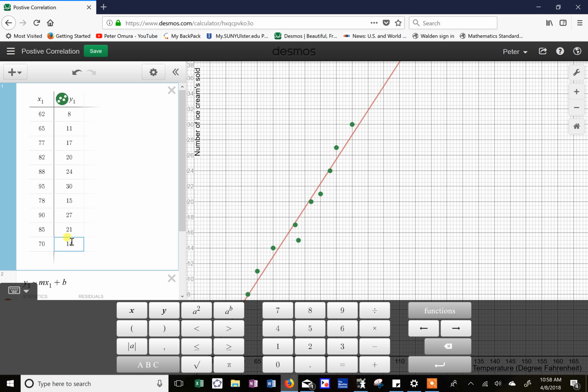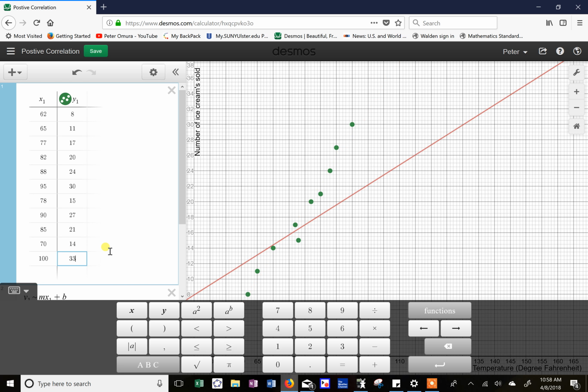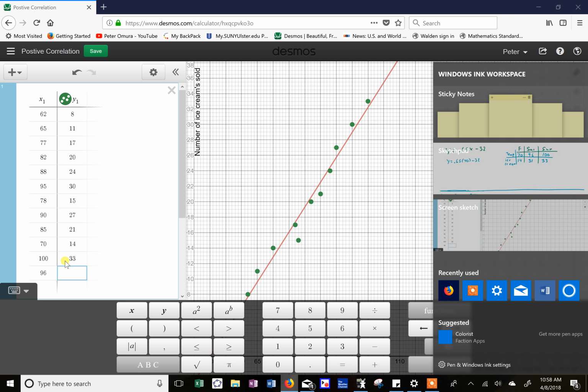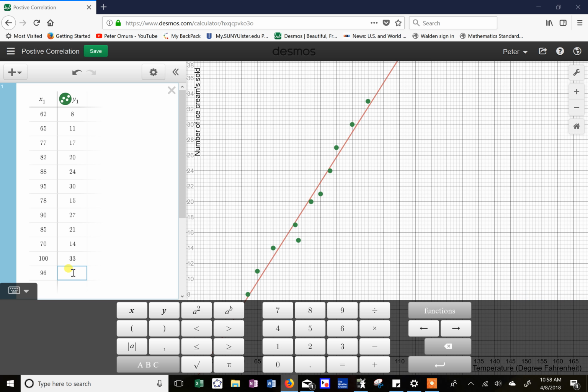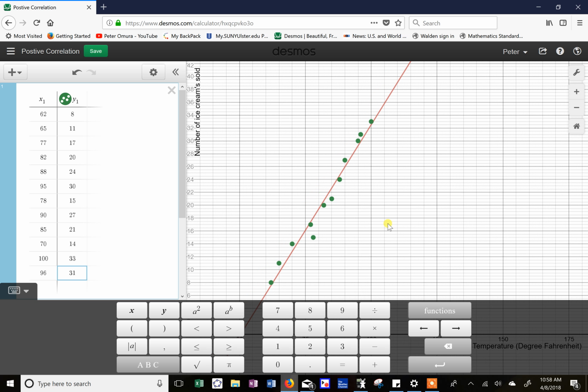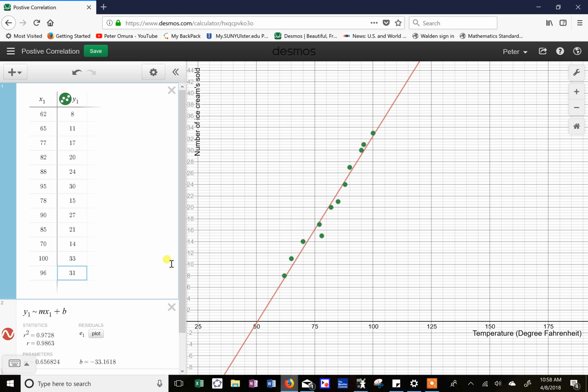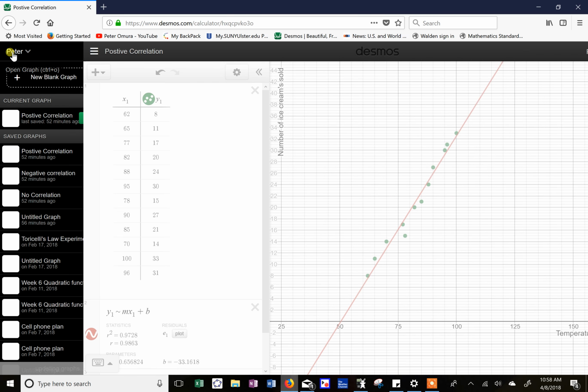My 100 was 33, and then 96 was 31. You can see it didn't really change my graph at all. Everything seems to be pretty much the same. So that's it. Like I said, you can use this as a predictor, which is always useful.